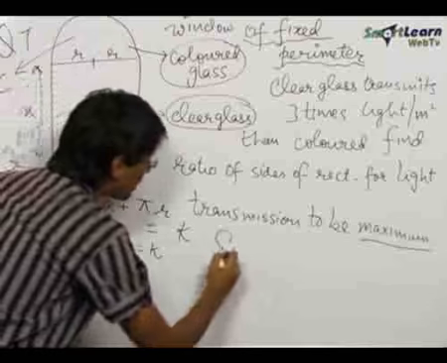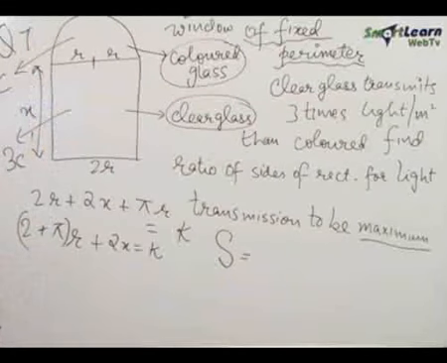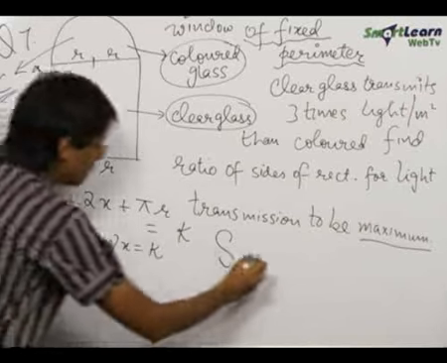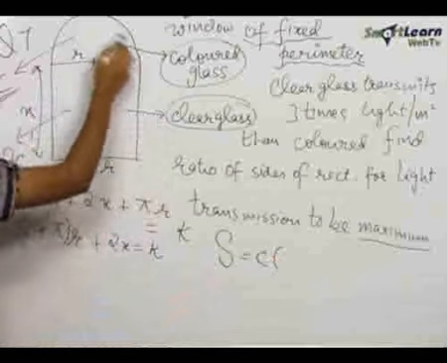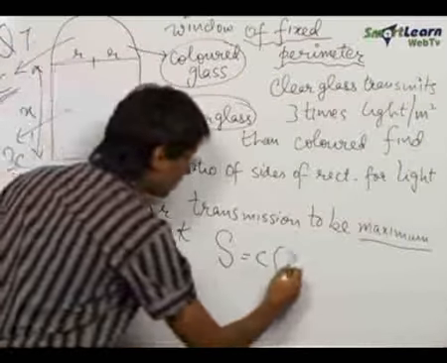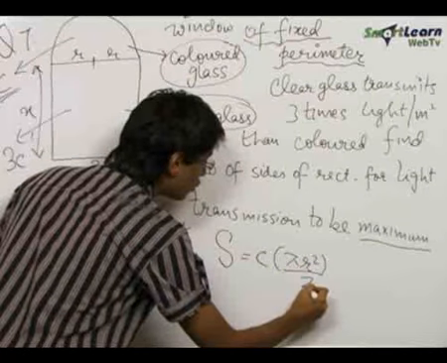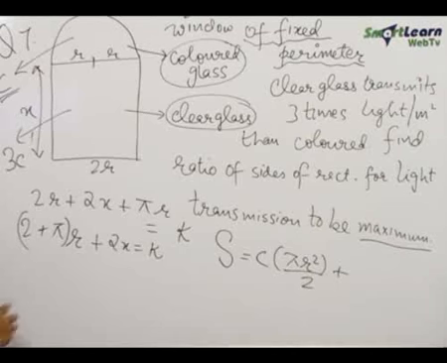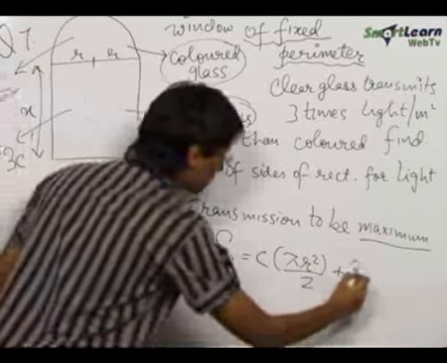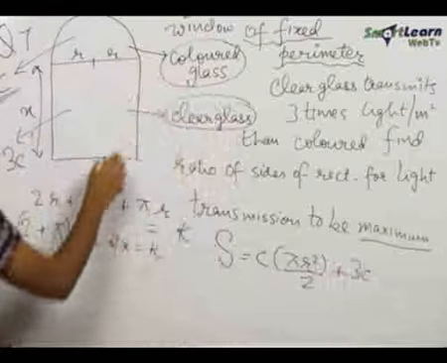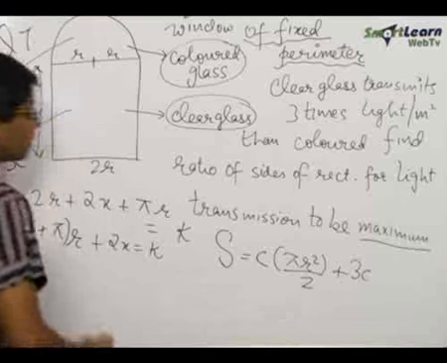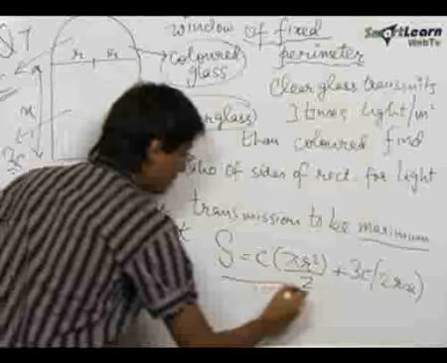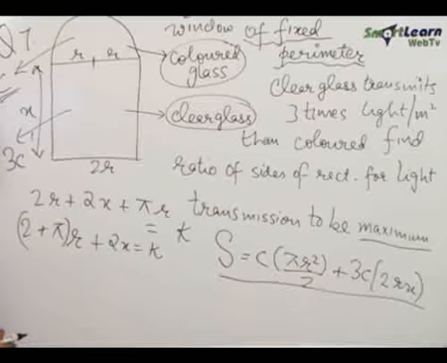So if we take the total light to be equal to S, then we have it equal to the per unit area transmission C into the area of this semicircular portion, that is pi r square by 2, plus 3C, which is the per unit area transmission of the rectangular portion, into the area of this rectangular portion, which is 2r into x, and we need this light to be maximized.